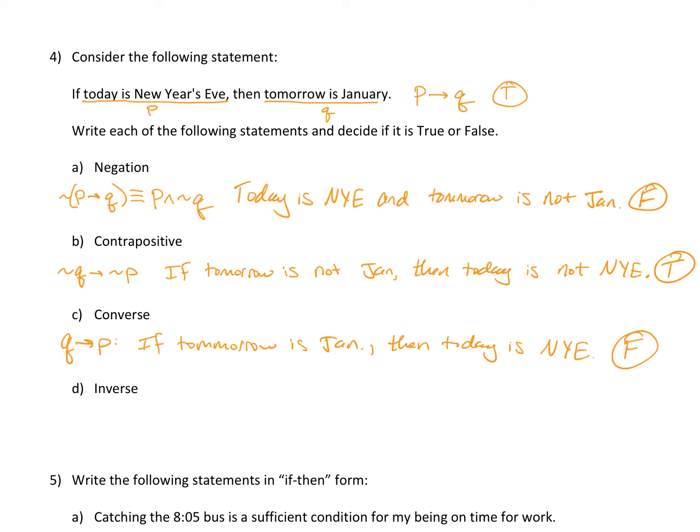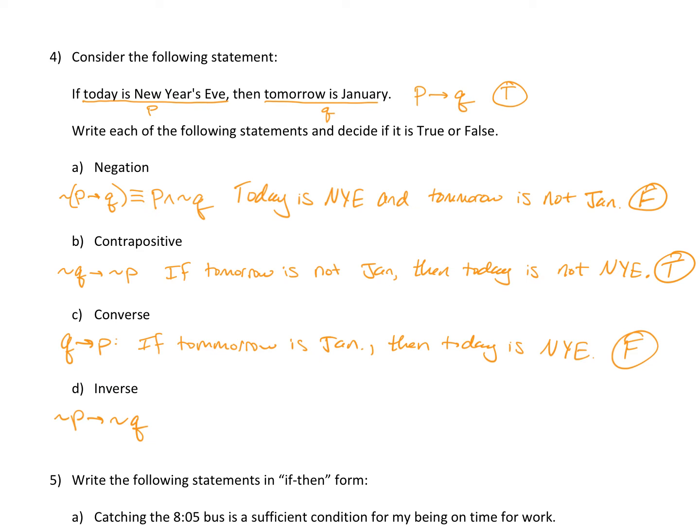All right, and then the inverse of a statement, P implies Q, is not P implies not Q, which happens to be the converse of the contrapositive, right? But the inverse of P implies Q, you just put a not on both parts.